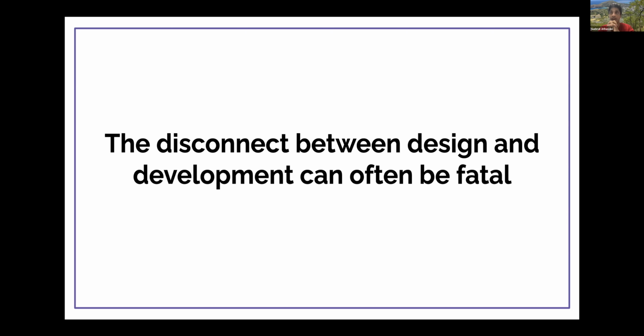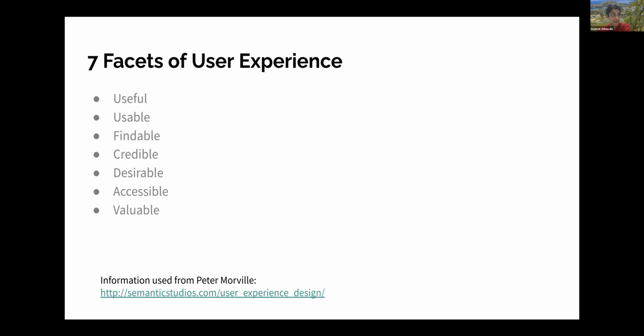And that disconnect was fatal for our project at Amazon. And in retrospect, there were things that we could have done if we had understood the whys in their design process. And so that's what I'm going to be talking about today. And I'm going to use some examples in GoLang.